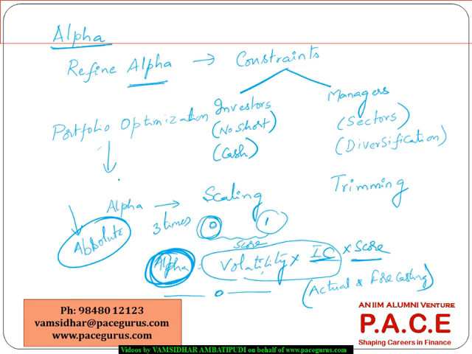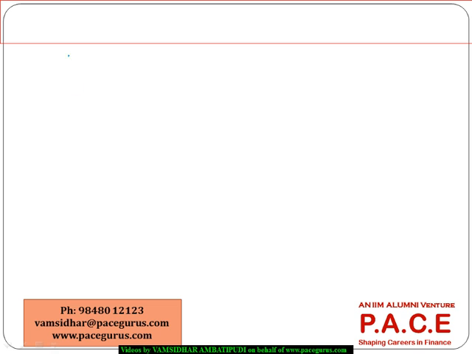From an investor's dimension, we would try to reduce or remove the positions in those kinds of securities, or we try to bring that absolute value of alpha to within 3 times that of the scale value. This is something we do as a part of scaling and trimming, which is the process of alpha refinement.